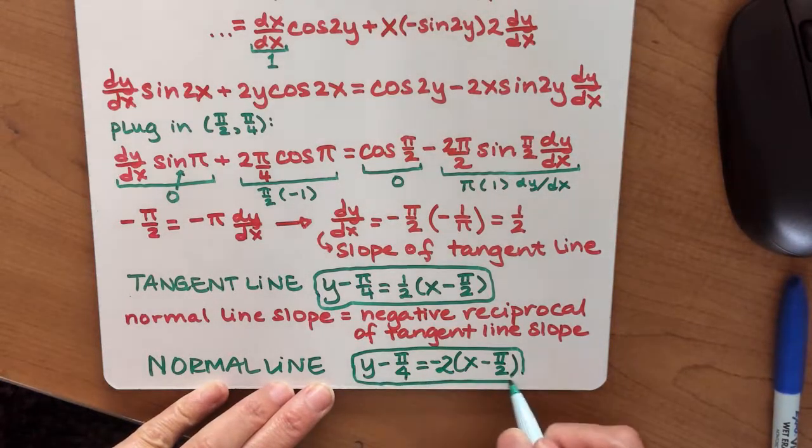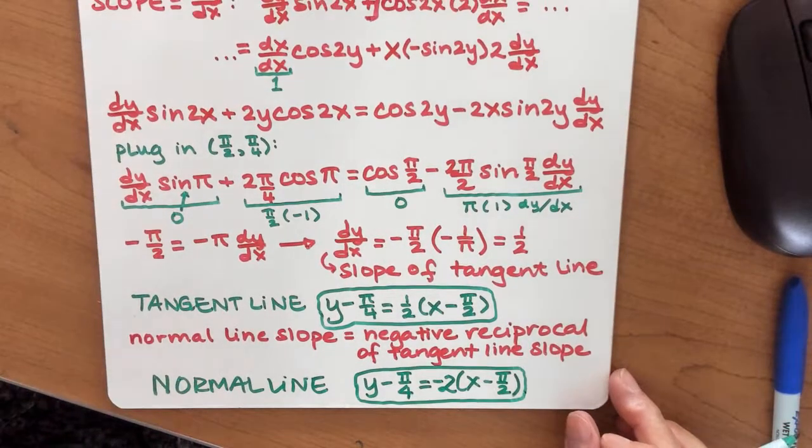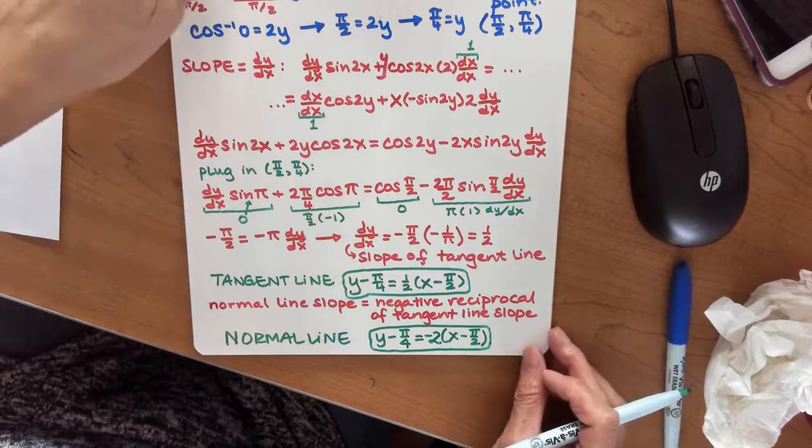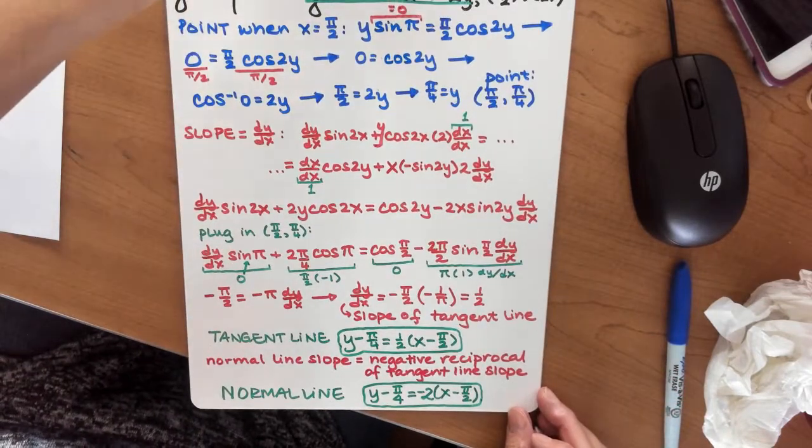And there are the equations for my normal line and my tangent line. See if we can back it up and get a big picture here. Okay, there's all the work from our problem.